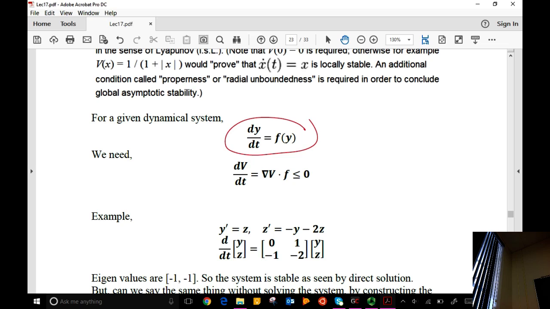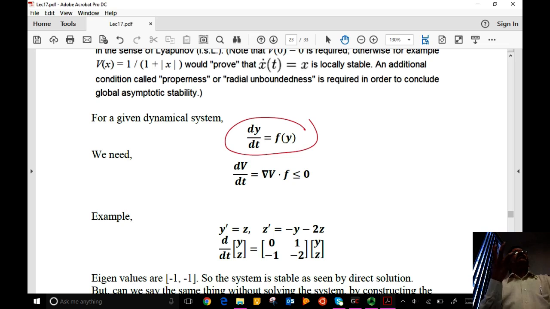So it is the gradient of V dotted with f, where f is dy/dt, or dx/dt. So if we can construct a function and take its gradient dotted with f, which is known, and show that it is less than 0, you have guaranteed stability in the Lyapunov sense.